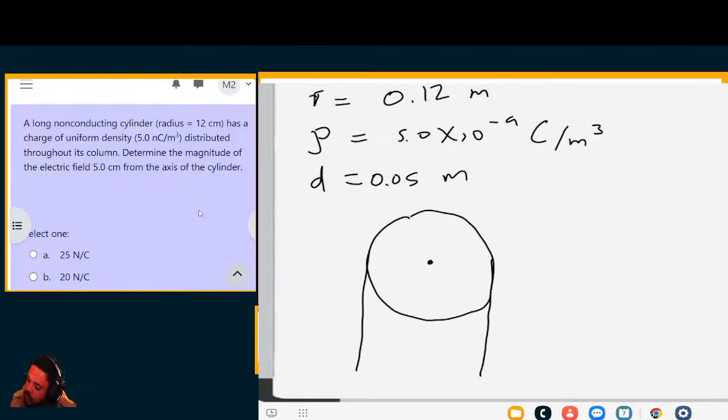I keep saying sphere. This is the cylinder, okay? This cylinder has a radius of 12 centimeters, but we want the electric field 5 centimeters inside. What is the electric field at a point 5 centimeters from the axis?